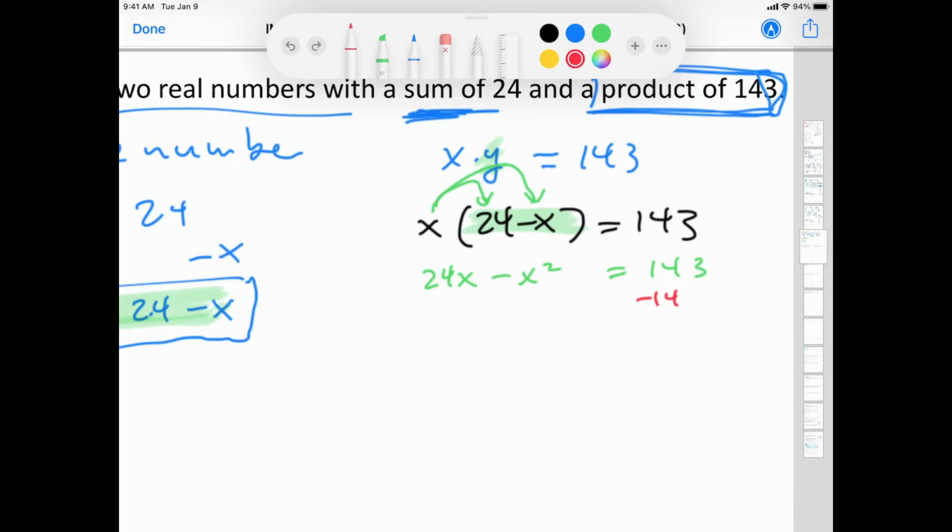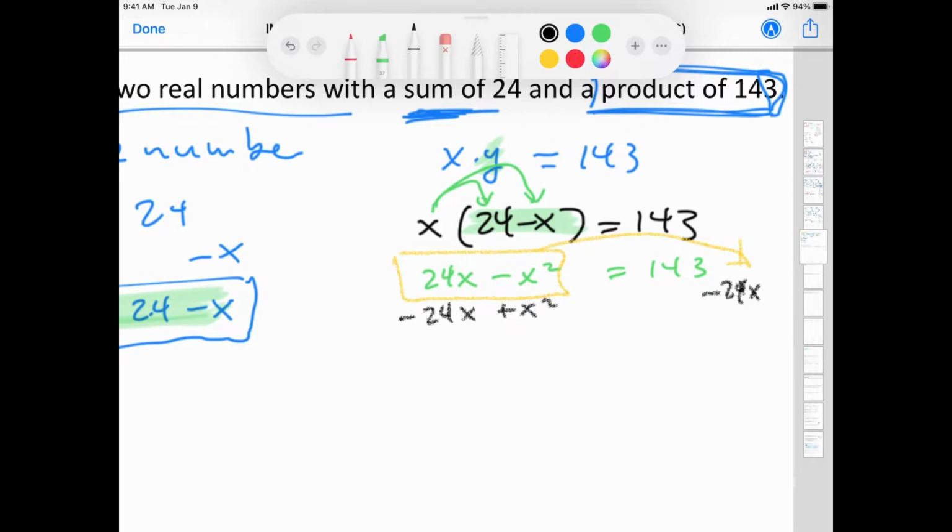Let's keep it on the side. And the reason why I'm switching this, why you're like, Mr., why'd you do that? I'm going to move everything to the left side. And I'll tell you why I'm doing that: so that I can get x squared to be positive. You'll see a reason why. So let's go ahead and do the opposite. So subtract 24x and add x squared. What I do to one side, I have to do to both sides.